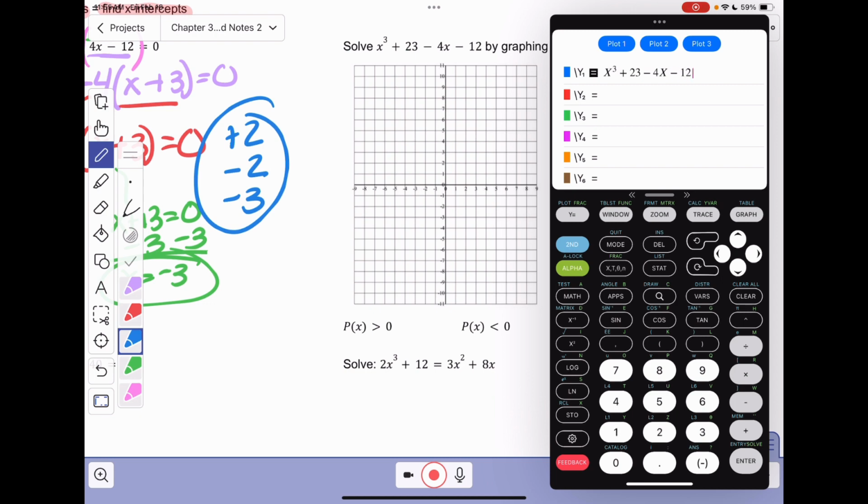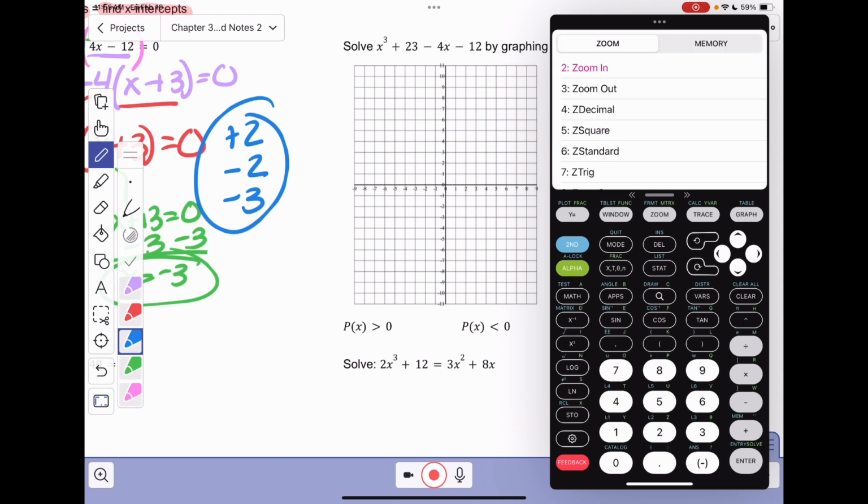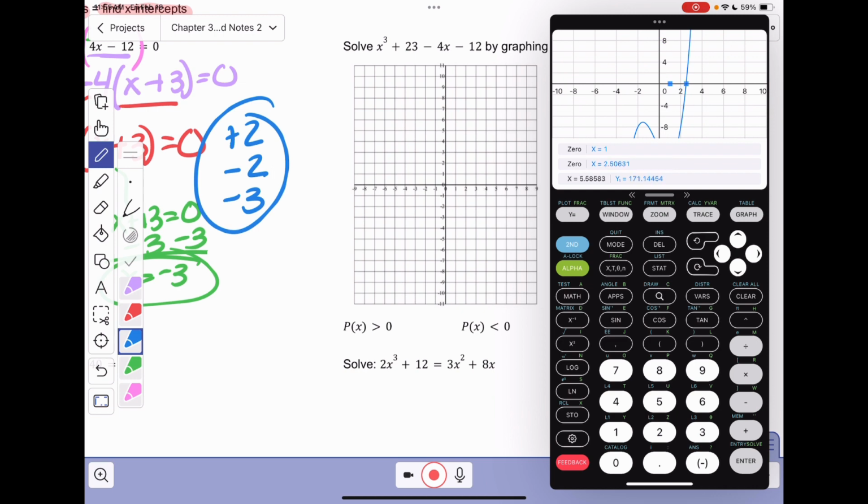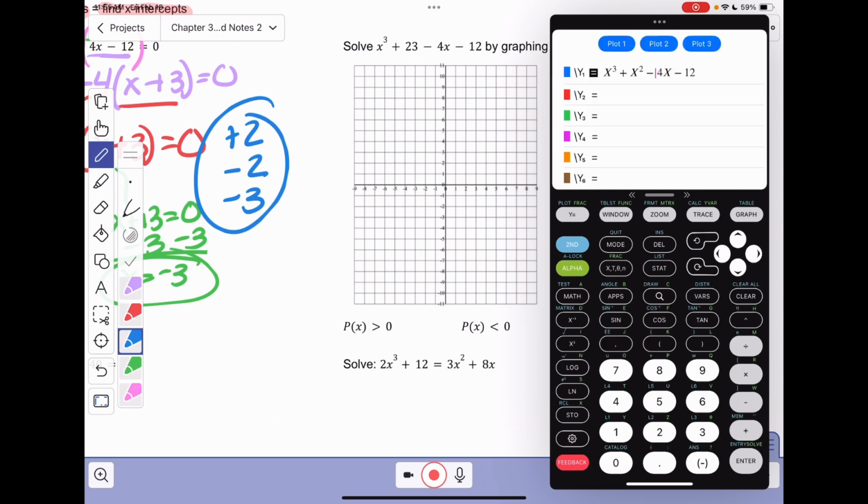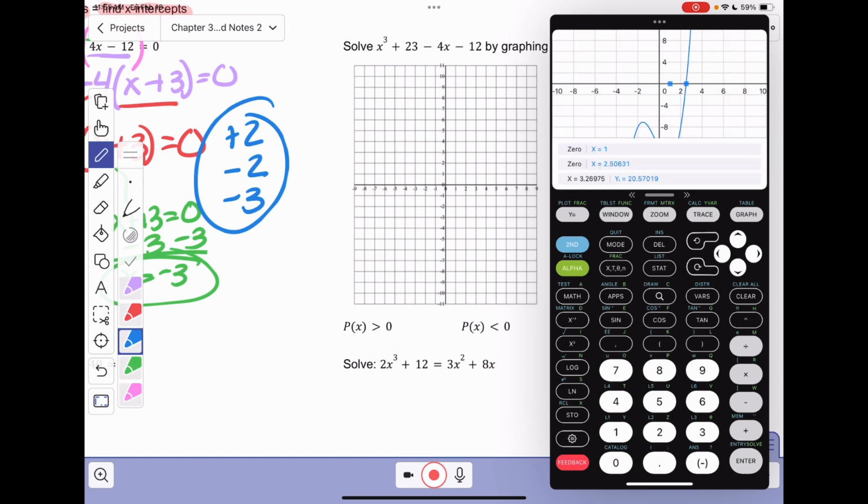Your notes are going to say x squared once I fix them. So then you hit graph. And I'm going to zoom a little more here so you can see. So if we look here, we only have one x-intercept.